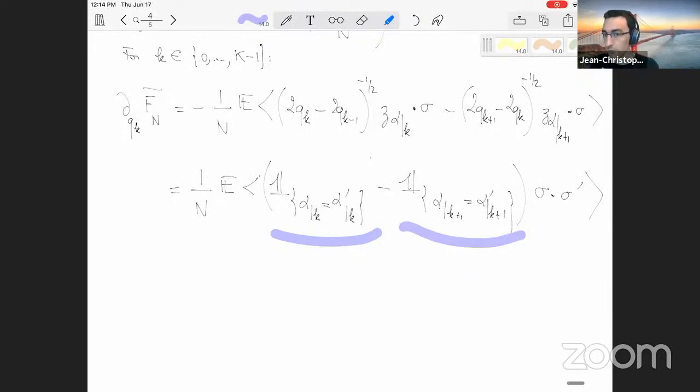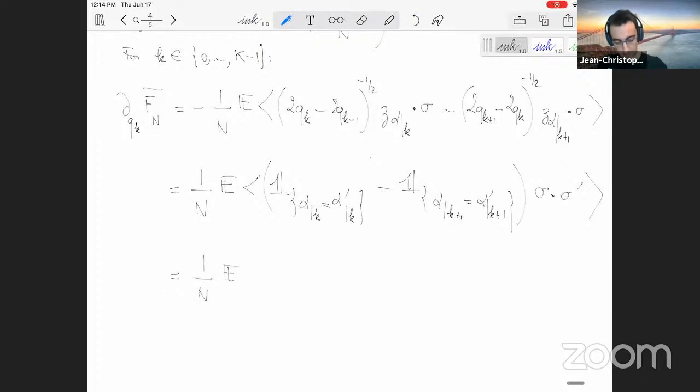So the two things happen simultaneously if and only if alpha and alpha prime coincide exactly up to level k. So I can rewrite this as 1 over n expectation of sigma dot sigma prime over n, times the indicator function that the depth at which alpha and alpha prime agree for the last time is k.